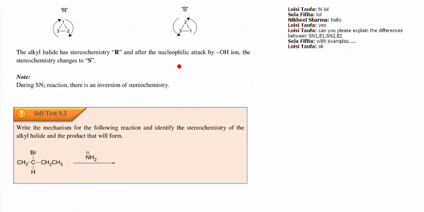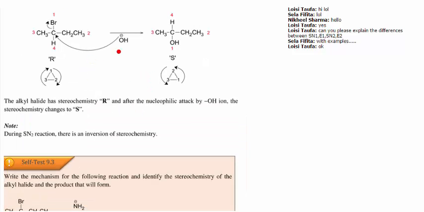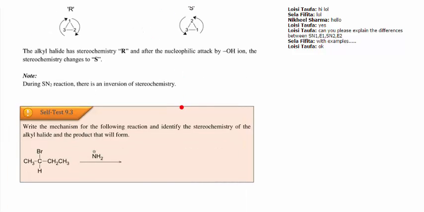So in SN2, if a chiral center is associated with the alkyl molecule, then there is always an inversion of the stereochemistry. So if you start with an S molecule, you will get an R molecule. In this case, you started with an R molecule, so you will get an S molecule at the end.